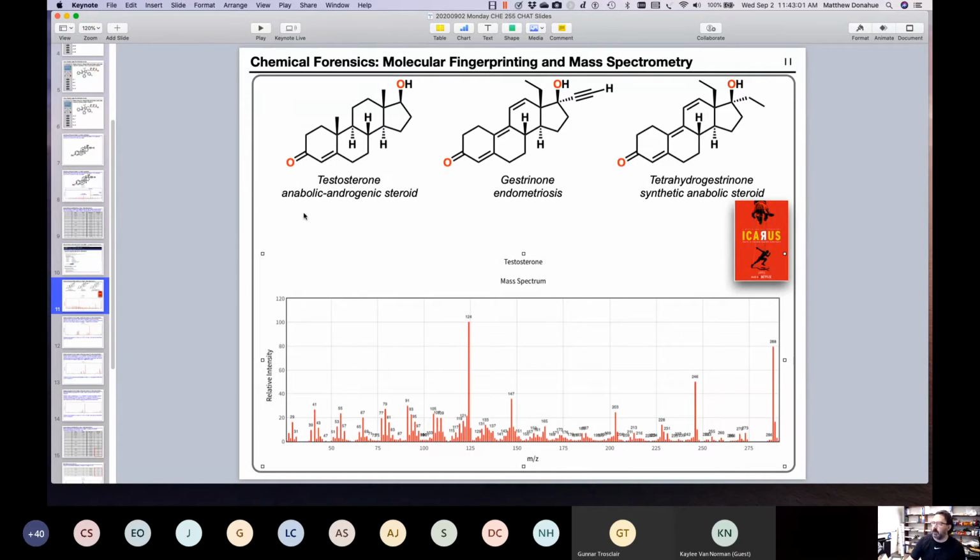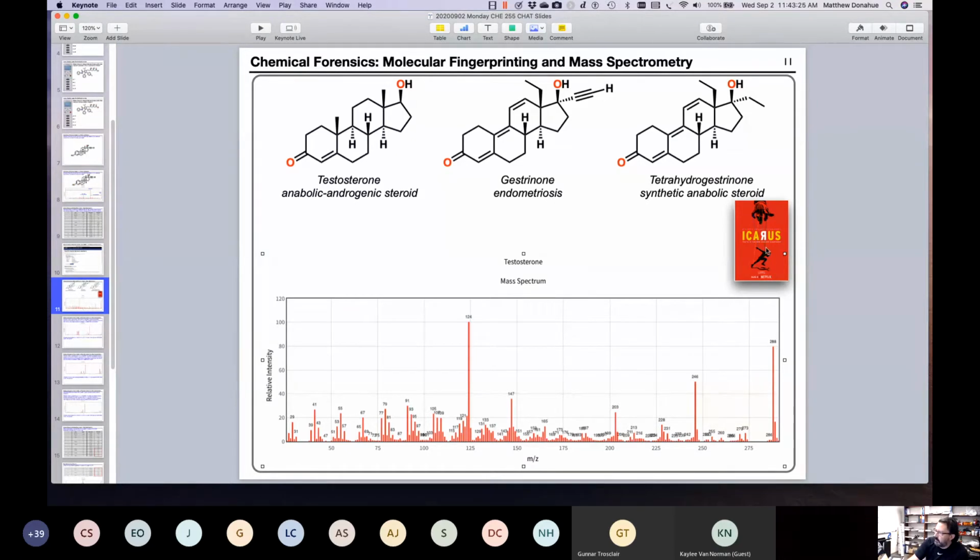Here's testosterone, an anabolic androgenic steroid. This molecule, gestrinone, treats or causes endometriosis. And here we have tetrahydrogestrinone, a synthetic anabolic steroid.